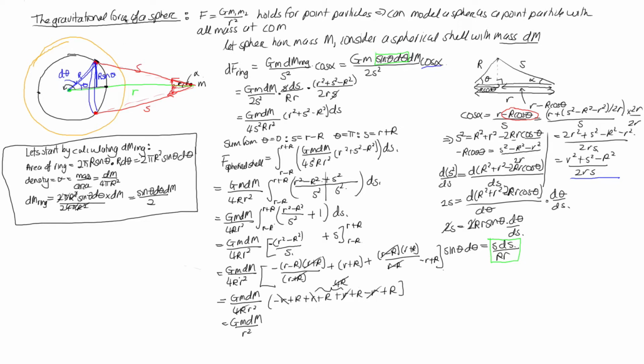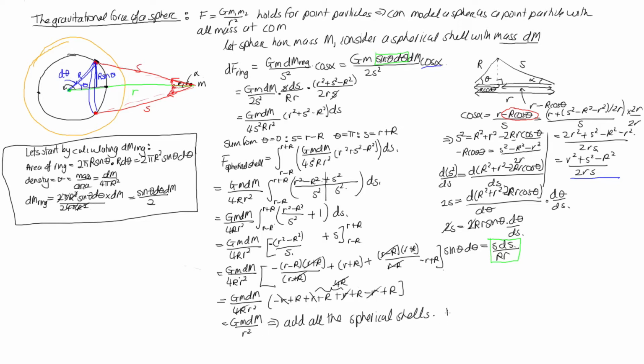Now, if I want to get a total solid sphere, I need to add all the spherical shells. Now, these are all directed towards the center of the sphere there. And R is the distance between the center of our spheres and our point mass m. So this doesn't change for the different spheres.